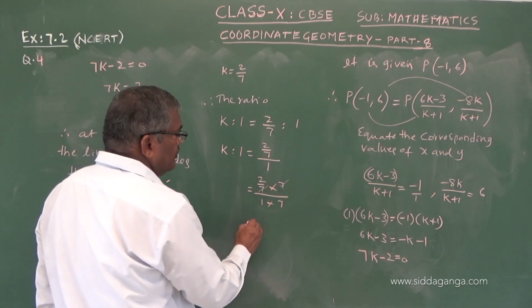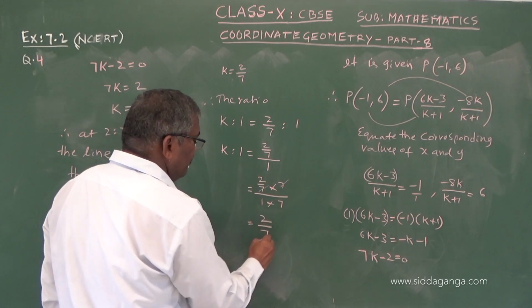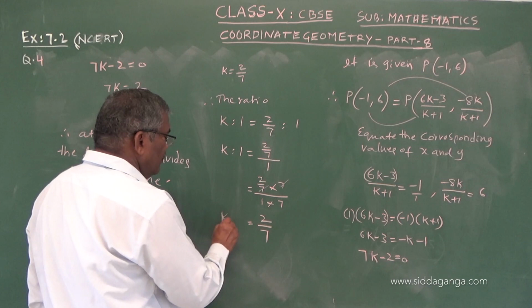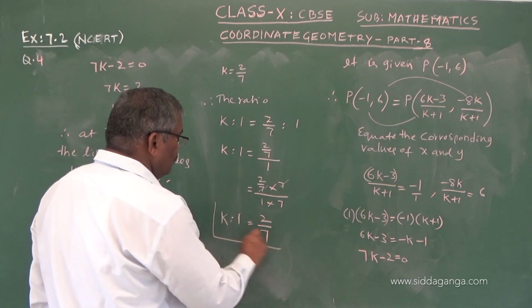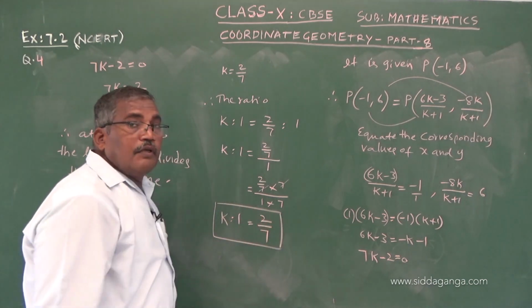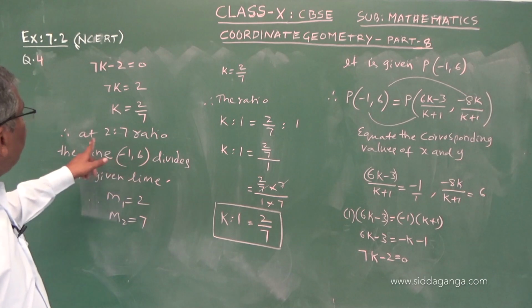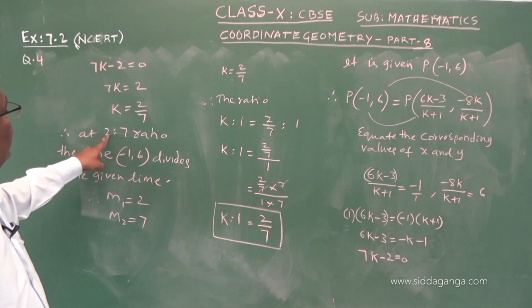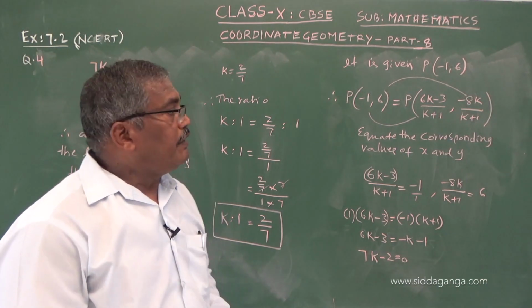So we are left with 2 in the numerator, 7 in the denominator. So therefore, k is to 1 ratio becomes 2 is to 7. So therefore, we can say the line divides in the ratio 2 is to 7.